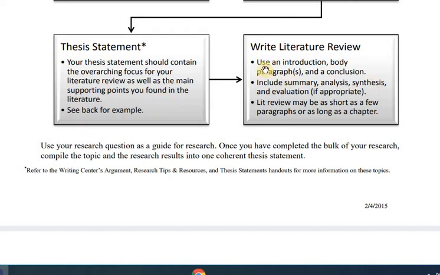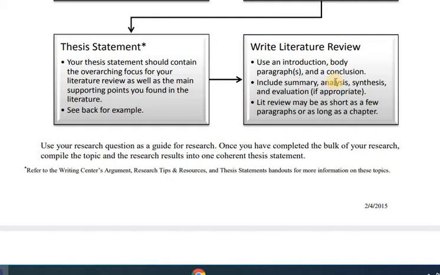Now, you're ready to be writing your literature review. Usually we have one paragraph for the introduction, 3 paragraphs for the body, depending on the themes that you mentioned in the thesis statement. So if you were going to talk about the causes, effects, and preventions, then you will have 3 paragraphs for the body, and 1 for the conclusion.